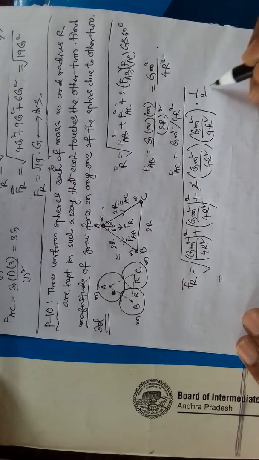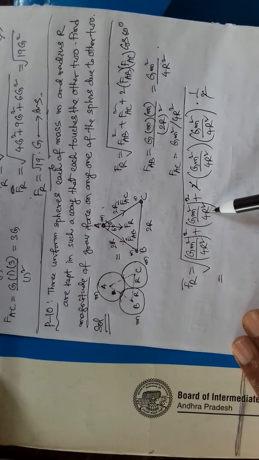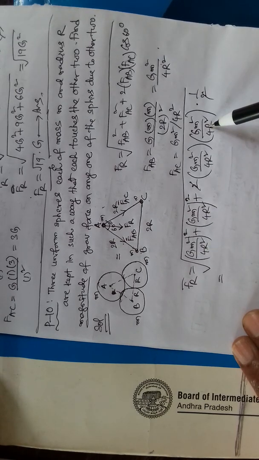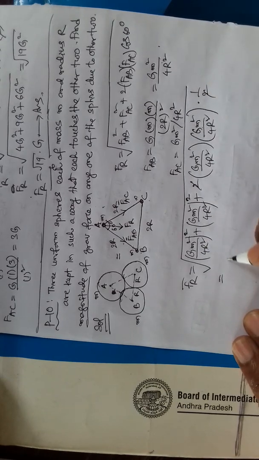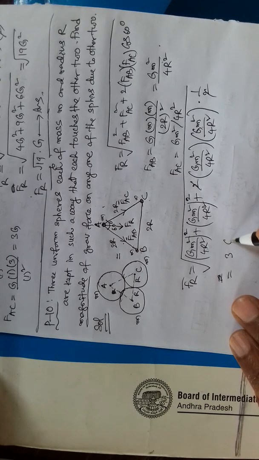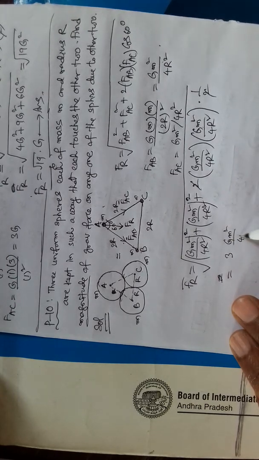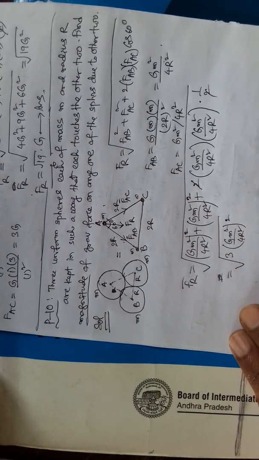The 2 and 2 get cancelled. So here if we look at this term, this term and this term are also the same. Therefore 1, 2, 3, it is occurring 3 times. 3 into G m square by 4r square under root.